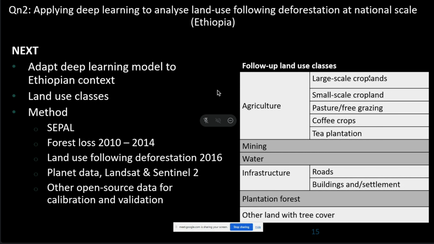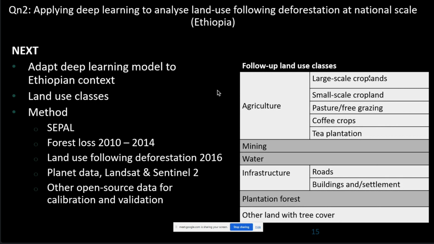We did this in Ethiopia, where we derived 11 land use classes, and we used Planet data to train this model, but also Landsat in comparison. So we had Planet data, and we also compared with Landsat and Sentinel, just to see how these different datasets perform.